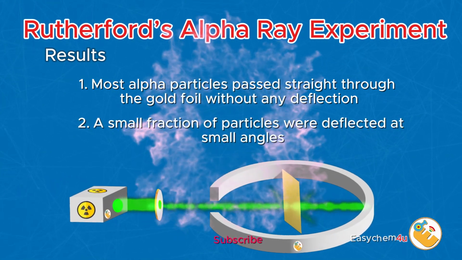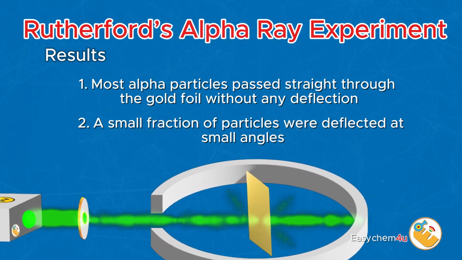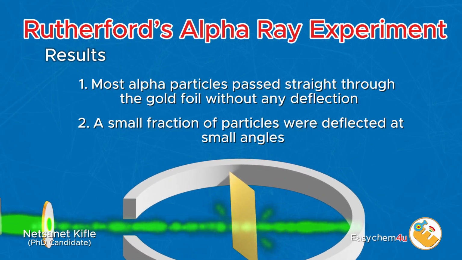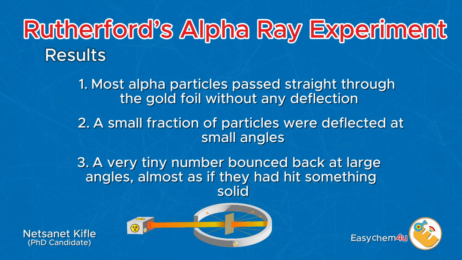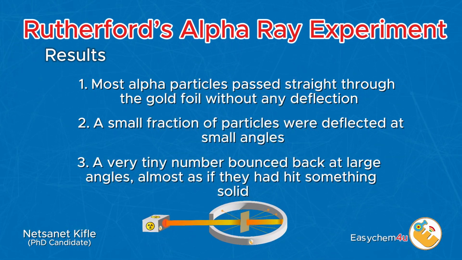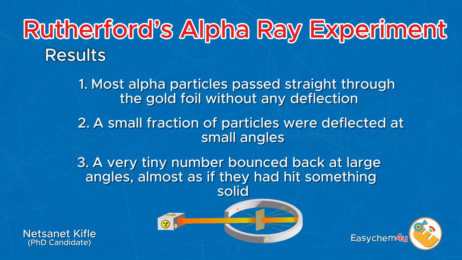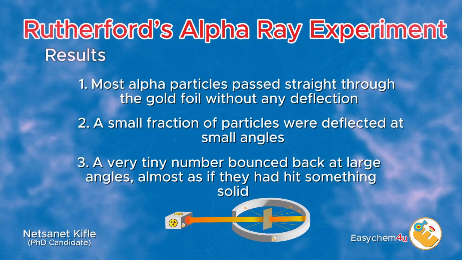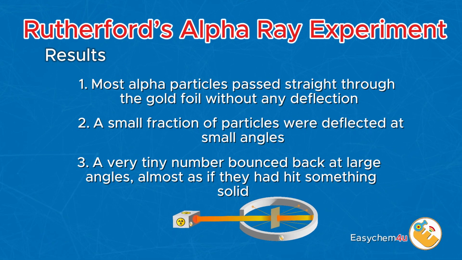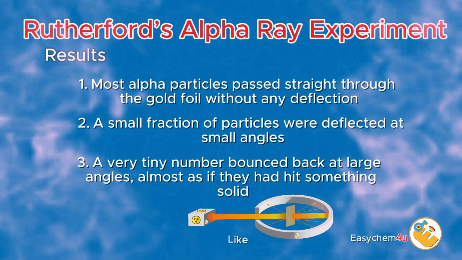A small fraction of particles were deflected at small angles. 3. A very tiny number bounced back at large angles, almost as if they had hit something solid. Rutherford described this surprising result as if you had fired a 15-inch shell at a piece of tissue paper, and it bounced back.